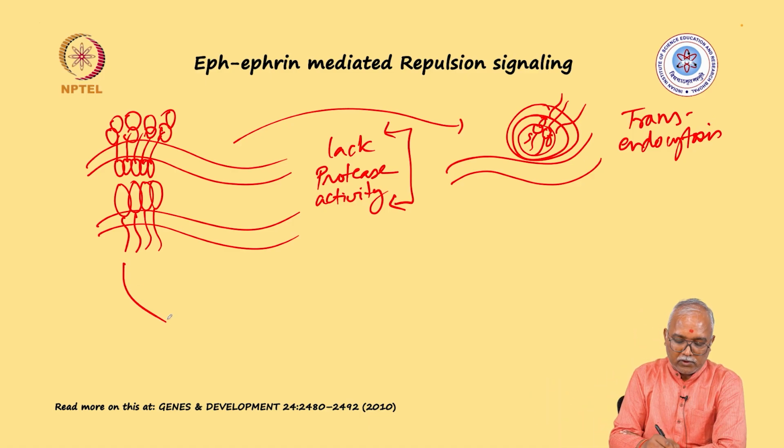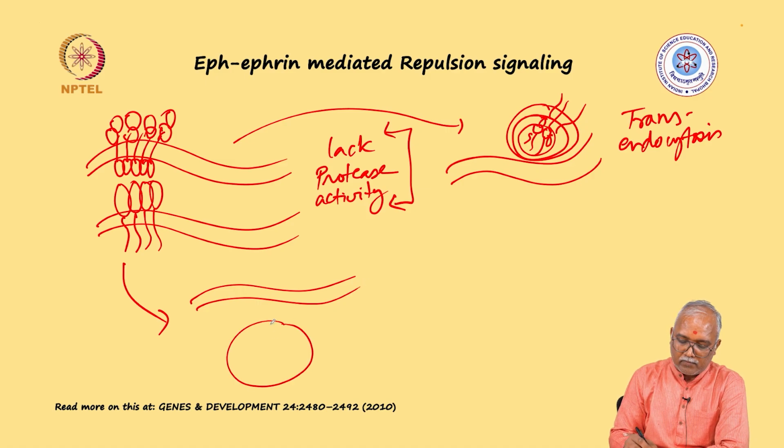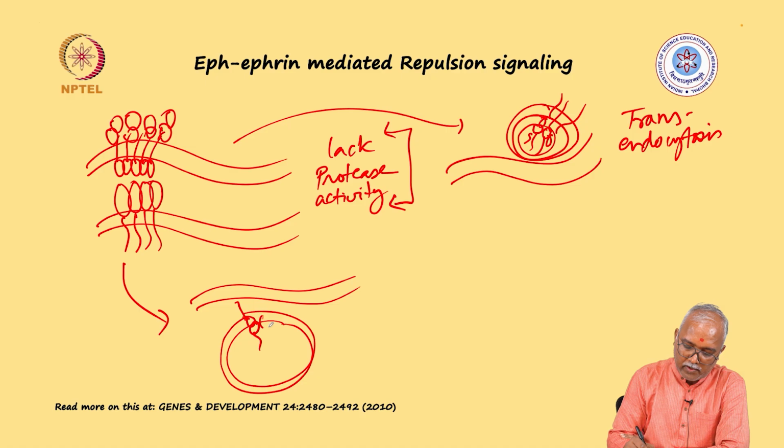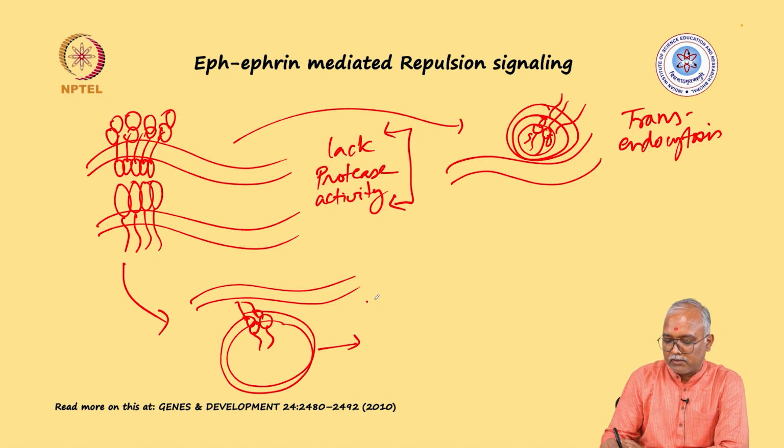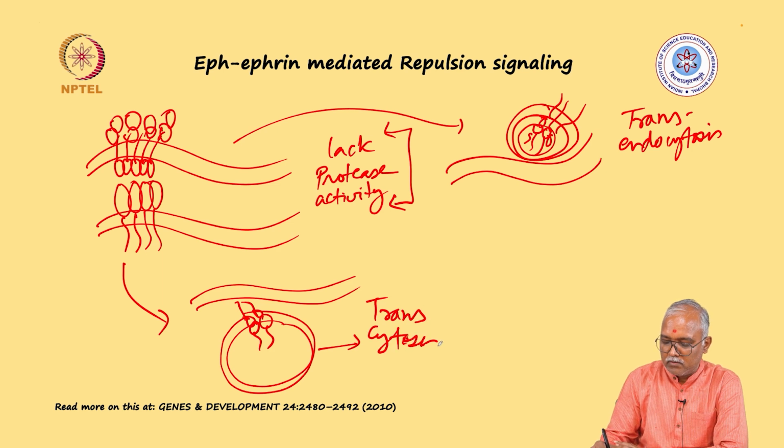Otherwise, if this cell ends up winning, then it will have the vesicle which has this scenario where both molecules are coming inside. So, this is also an example of transcytosis.